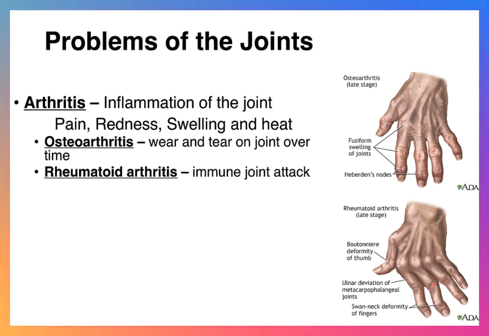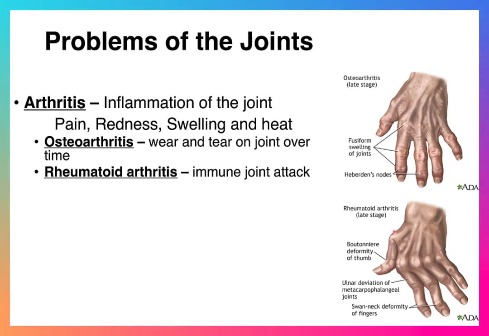There are a couple of deformities that are classic for rheumatoid arthritis. Both of these are caused by destruction of the joint and then subsequent destruction of some of the tendons that are around the joint. One is called the swan neck deformity, which is shown here, and another is called the boutonniere deformity, which is usually found in the thumb.